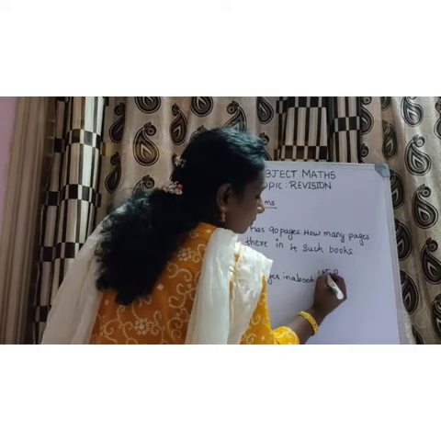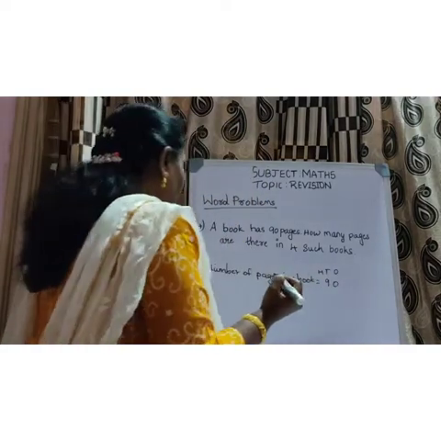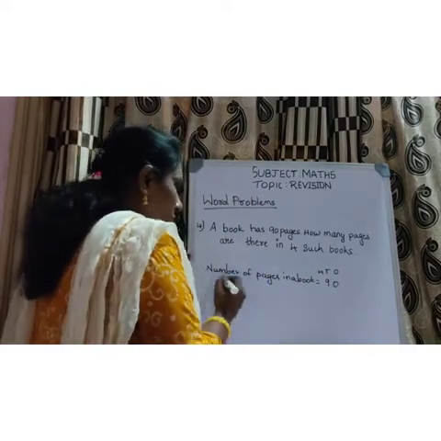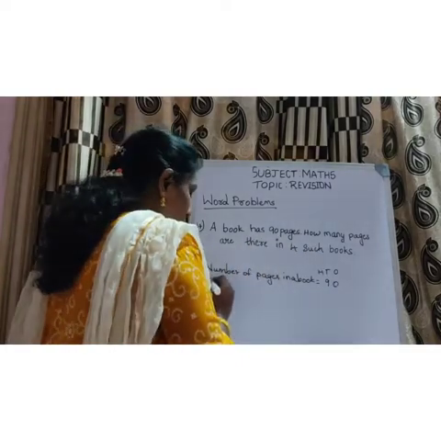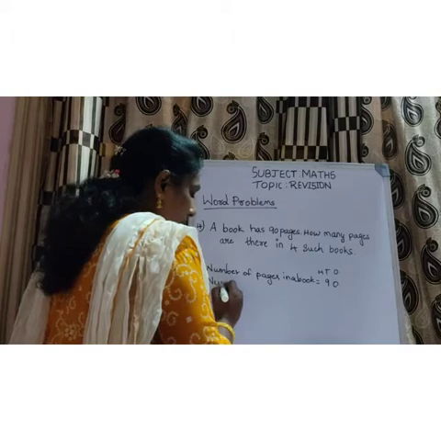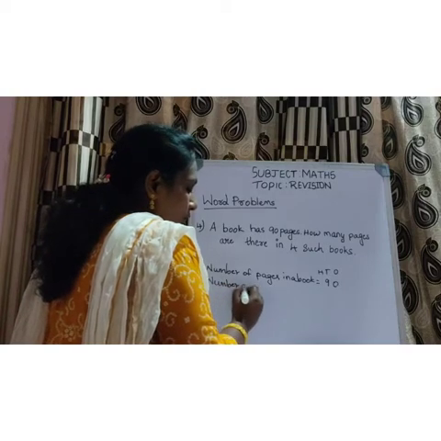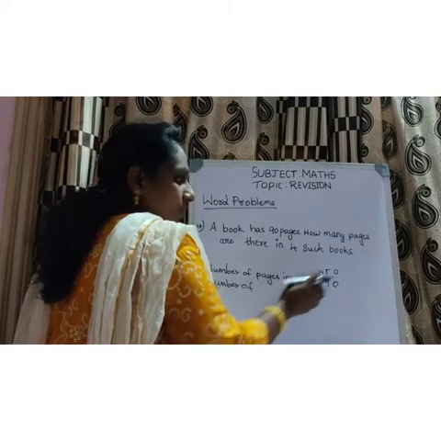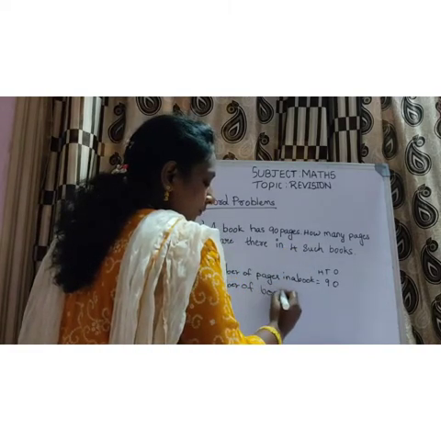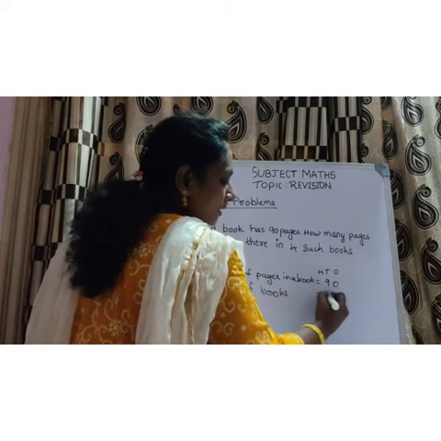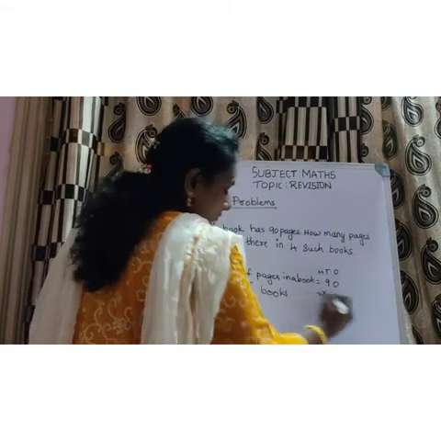Place value. Okay. So second, how many pages are there in 4 such books? So number of books, not pages, number of books. So how many books are there? 4 books are there. So number of books equals into 4.